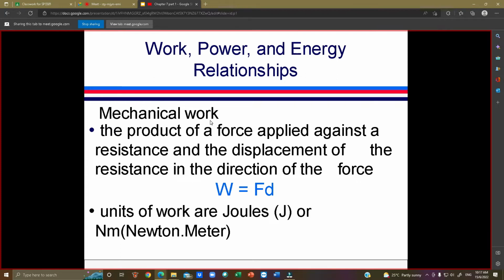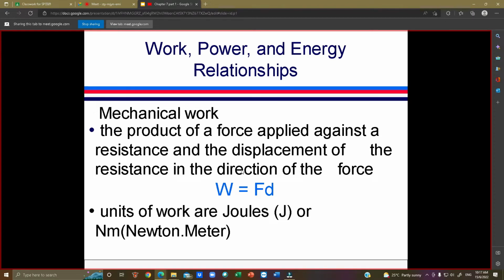So work is actually how much action, okay, how much force being used in a certain distance to work. Product of a force applied against a resistance and the displacement of the resistance in the direction of the force.